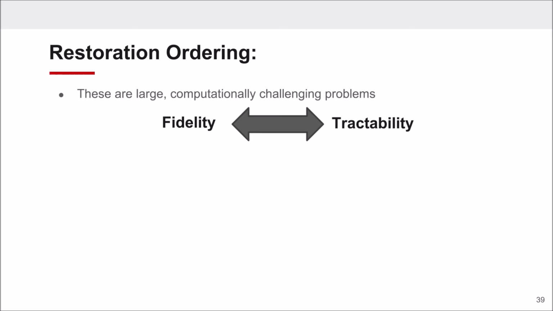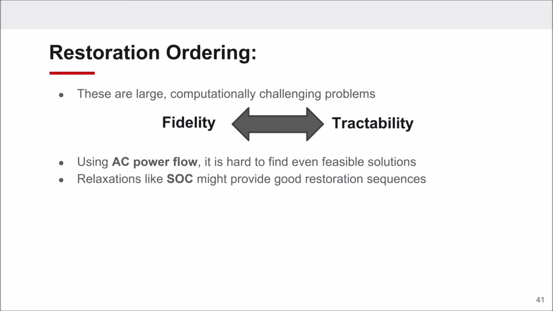In summary, what we're looking at here is these restoration ordering problems that are very large and computationally challenging, and there's this trade-off between fidelity and tractability. With AC power flow, it's hard to even find feasible solutions to these problems. It's very hard to solve. Relaxations like a second order cone might provide good restoration sequence results and capture enough of the physics to still be good feasible solutions.